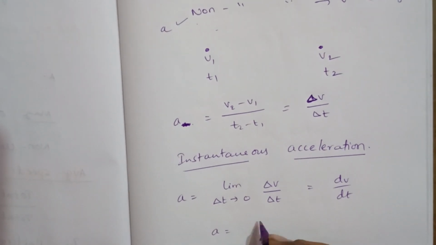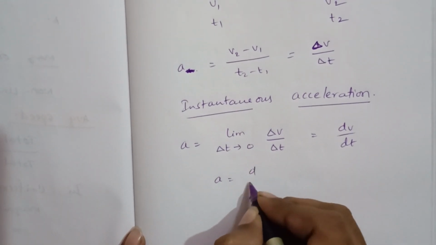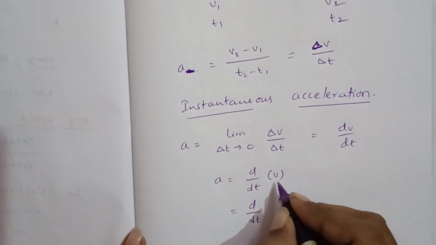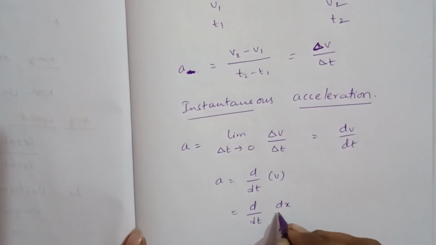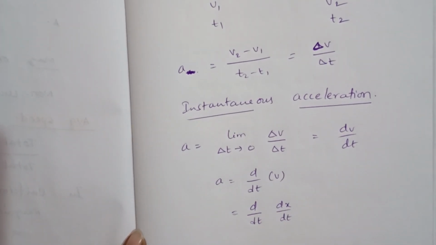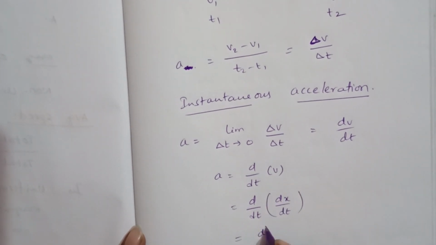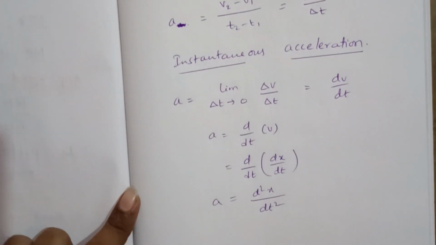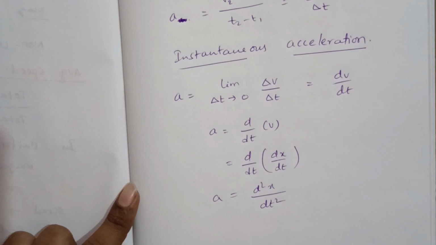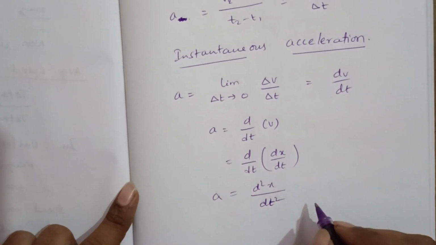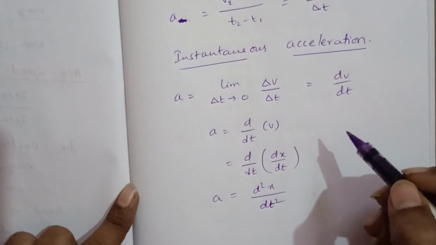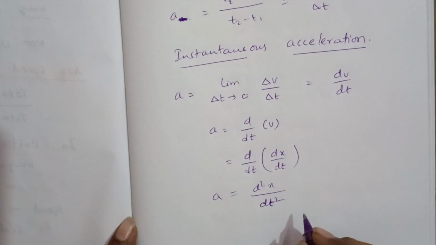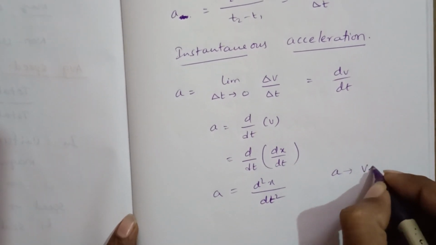Now this a equals d by dt of v, and we know v means dx by dt. So we can write this as d square x by dt square. Acceleration equals d square x by dt square. Now we have written acceleration in terms of velocity. As velocity has direction, acceleration also has a particular direction. So acceleration is also a vector quantity.